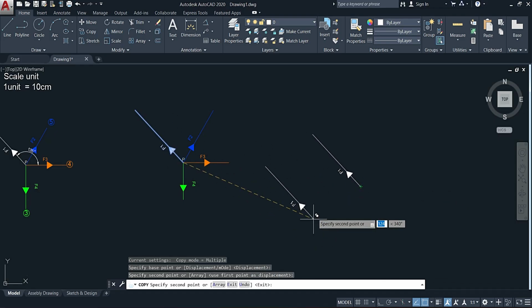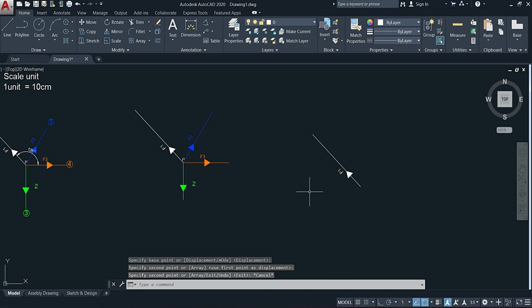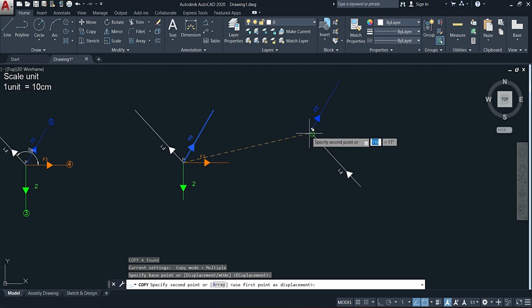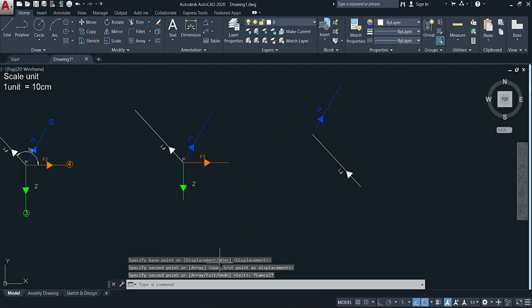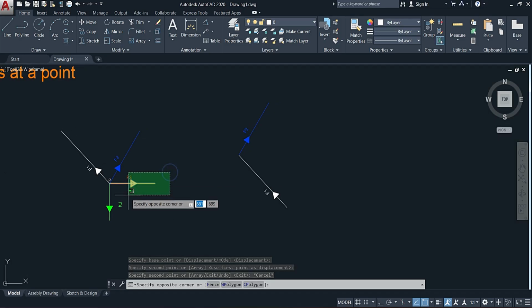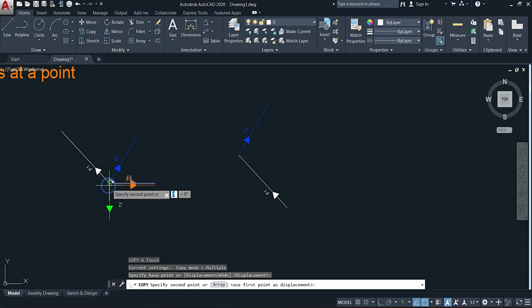So that is force 1. Next, we go to force 2. Force 2, you're going to copy it, still with your base point being point P here, and you're going to place it at the head or at the end of force 1. We repeat the process for force 3, where we simply copy force 3 with our base point being right here, and I'm going to place it at where? The head of force 2.